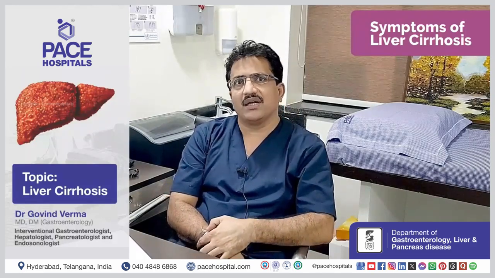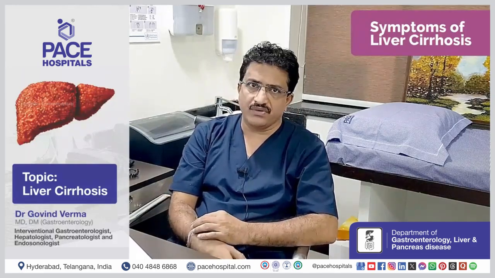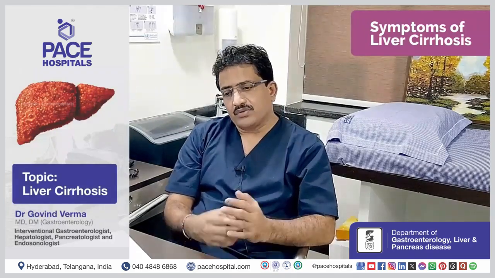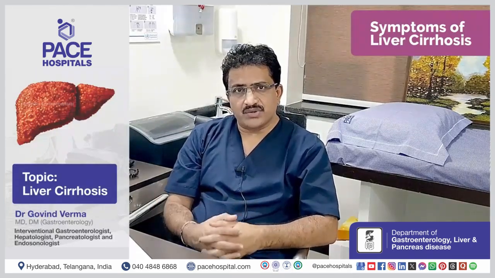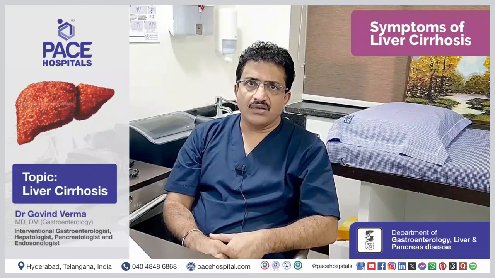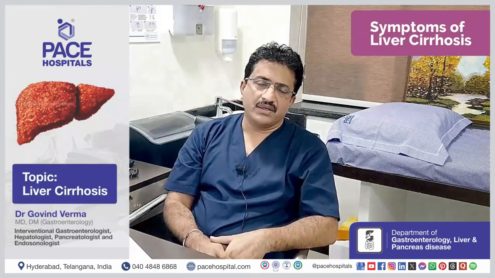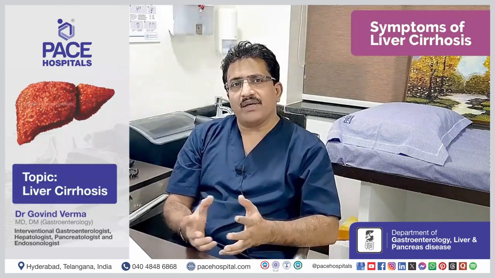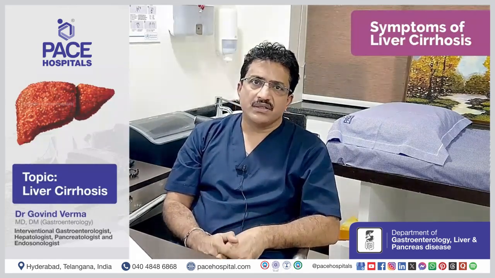The patient then lands up in a condition called hepatic encephalopathy. So the patient can present with altered sensorium, confusion, delirium, tremors, or in a stage of coma where the patient is not arousable.